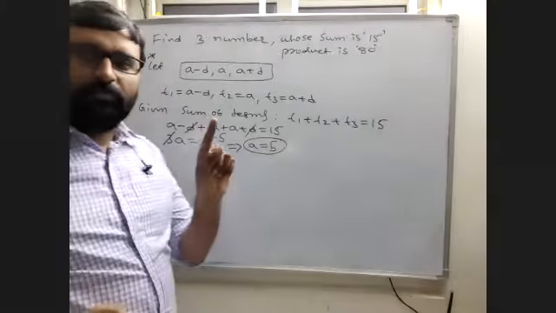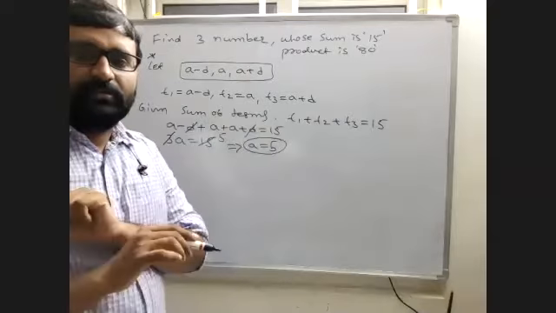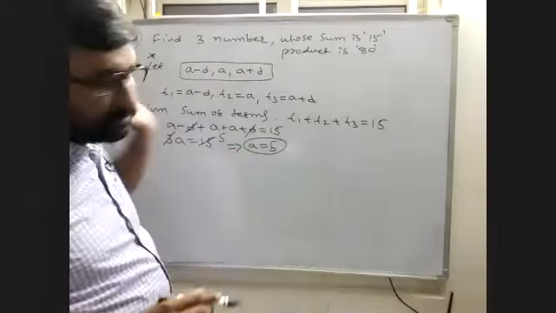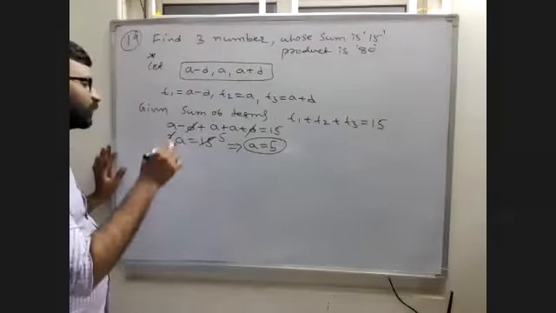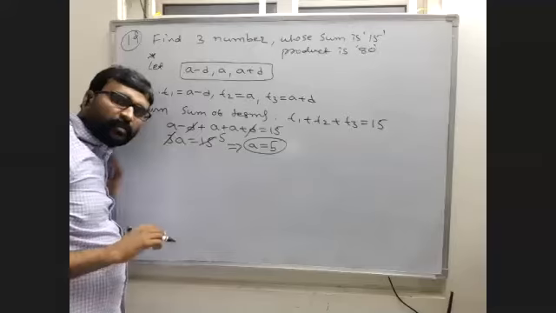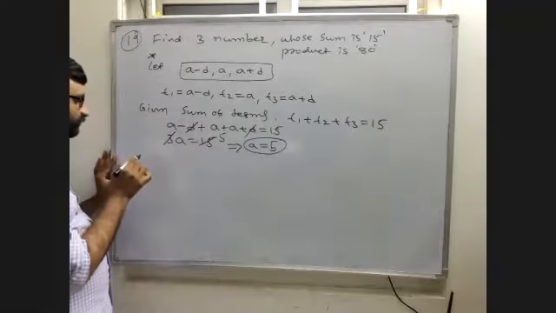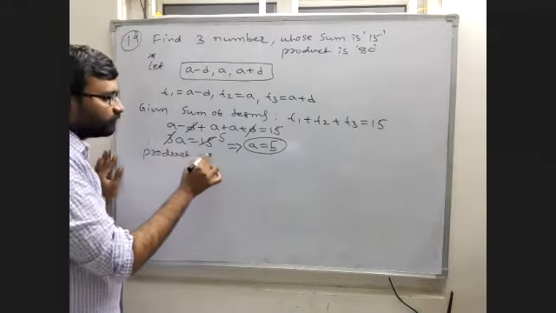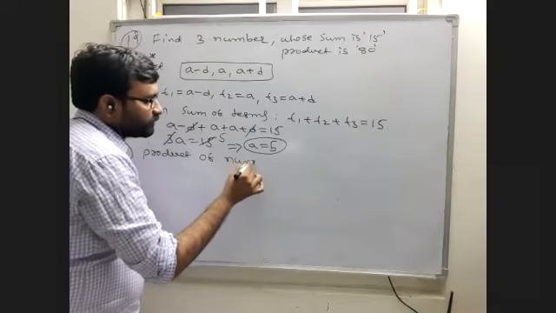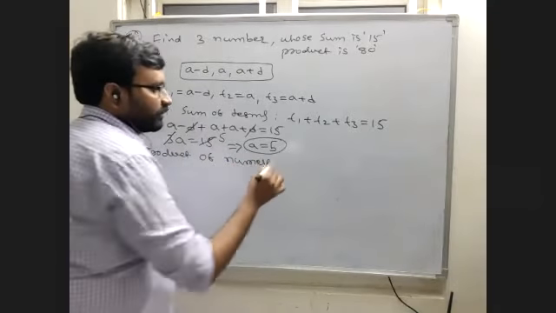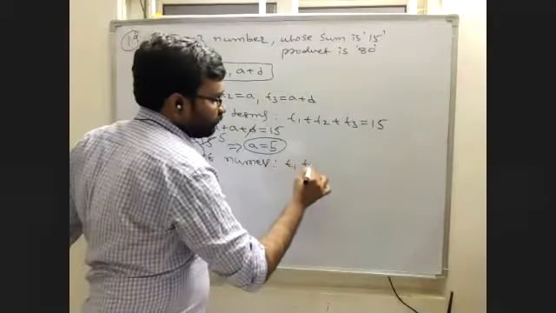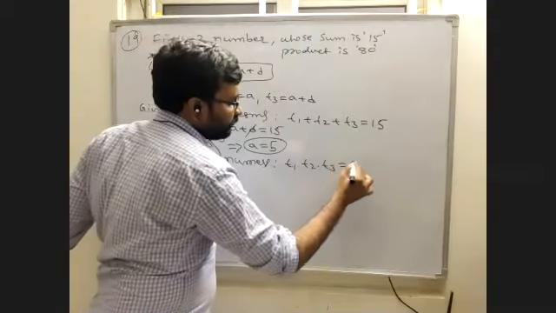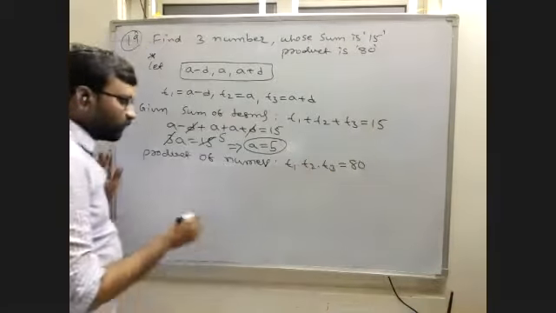Again, we have to find one more, what? d. If you find d, then this will be finished. Substitute a, d here, you will get the value. Now, given one more hint is what? Product of numbers is 80. Product of numbers or terms, that is T1 into T2 into T3 is equal to 80. What is T1?